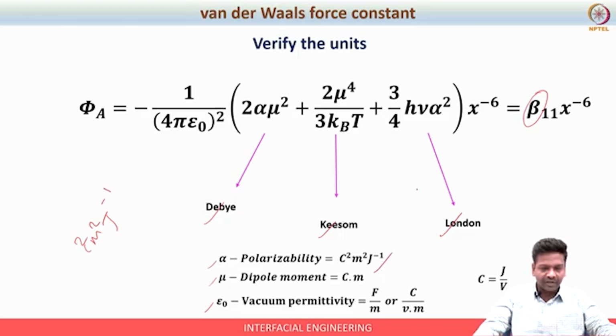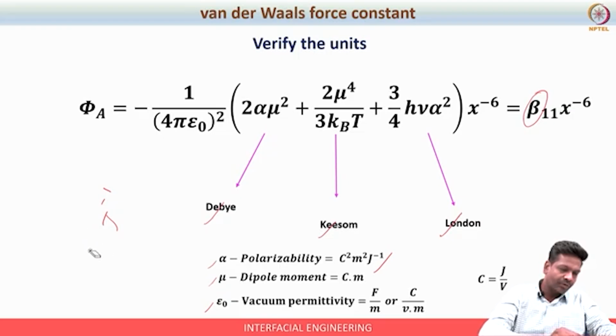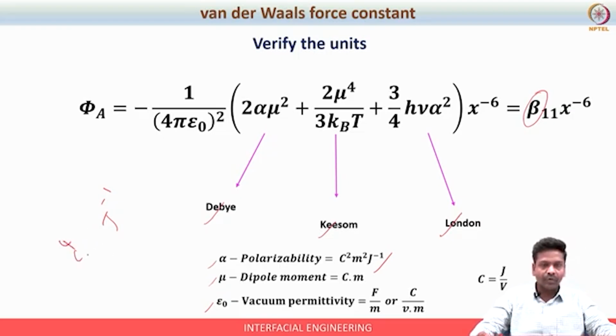And we have the dipole moment mu, which is coulomb multiplied by meter. Since we have mu square, it will be coulomb square meter square. So eventually you will have coulomb power 4 and meter power 4. This will be your unit.